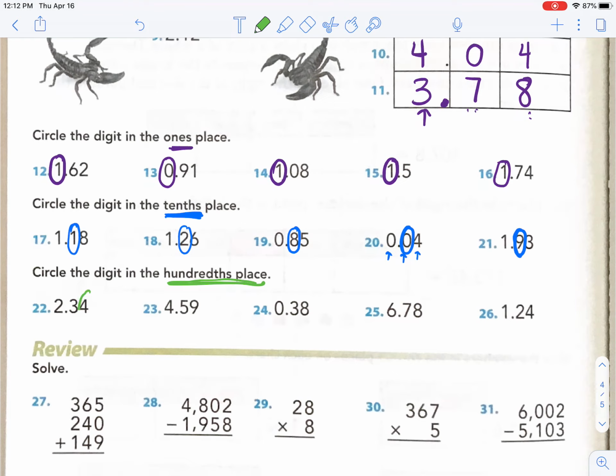The hundredths. So 2 over is the 4. 2 over from the decimal in this one is the 9. 9 hundredths. This one is 8 hundredths. Another 8 hundredths. 4 hundredths. So in the penny spot, so it's ones, tenths, hundredths. Do you see it? Awesome.